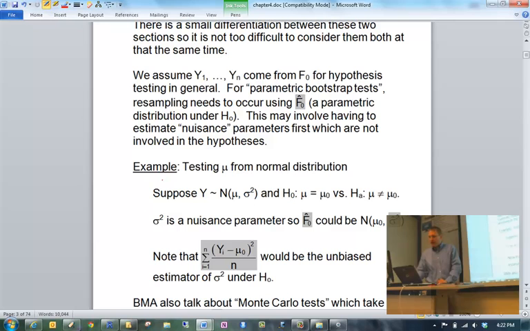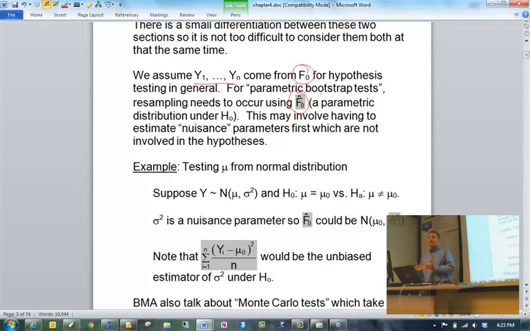So, we again assume that y1 through yn comes from f0. That means for a parametric bootstrap setting, we need to resample from f hat 0. So f0 will be a parametric distribution. Let's say your hypothesis is that mu is equal to 0, and you hypothesize you have a normal distribution.